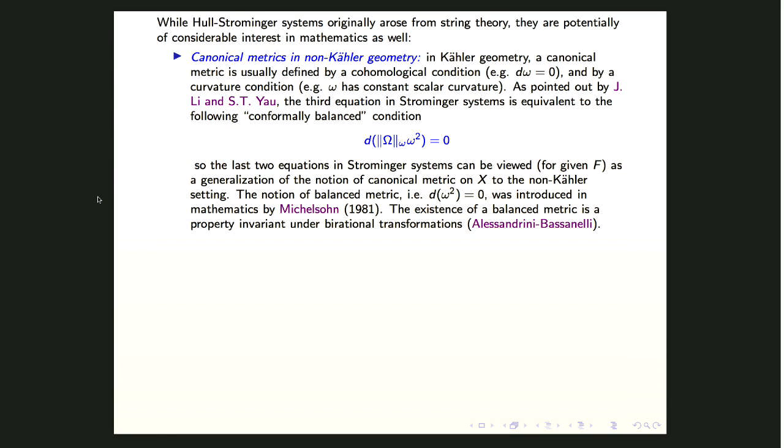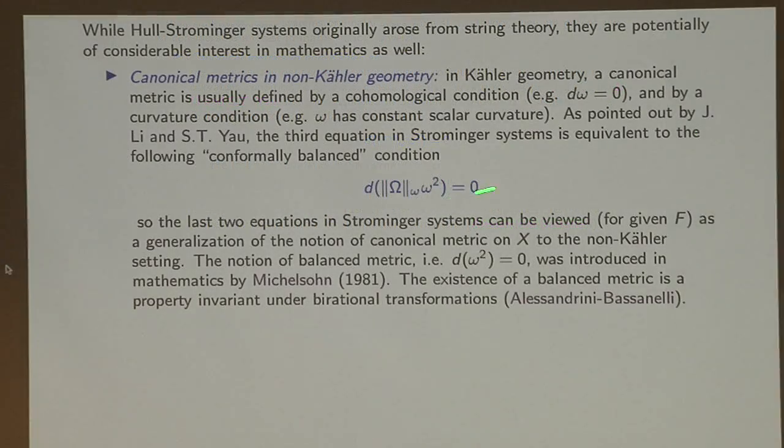So this is a kind of linear equation in the curvature, and the analogy becomes obvious the moment you find out about this key observation of Li and Yau, which is that the third equation, as I wrote down earlier, is actually equivalent to this condition here. Now, without this factor here, this is the notion of balanced metric introduced a long time ago in 1981 by Michelsohn.